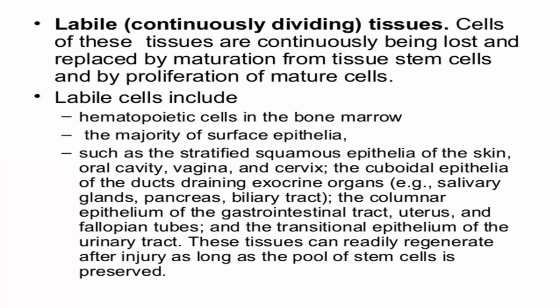The labile tissues, which are also known as continuously dividing tissues, have cells that are continuously being lost and replaced by maturation from the tissue stem cells and by proliferation of mature cells.